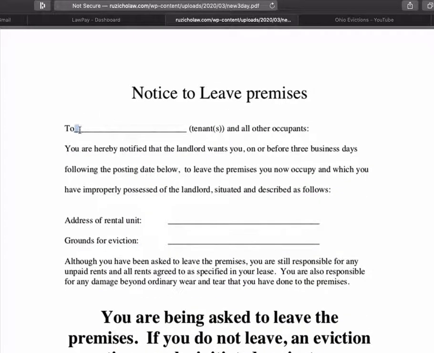And we want to address the notice to all tenants who are occupying the premises that you wish to evict. If you know the tenants' names, you should include them here. If you are unsure of the tenants' names, you should make a reasonable effort to determine their names and place them here.